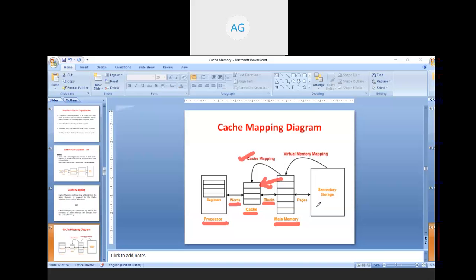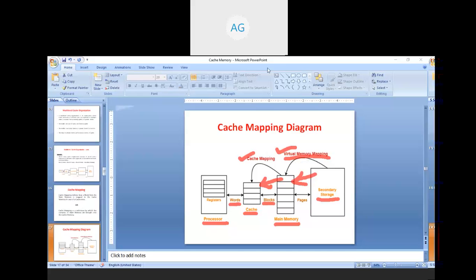You can see from this diagram as well that if we don't find that word in the main memory, then we need to move to the secondary storage to find it. The process of transferring the word from the secondary storage to the main memory, and the mapping which takes place between them, is known as virtual memory mapping. This is the next topic we will discuss after we complete cache mapping.